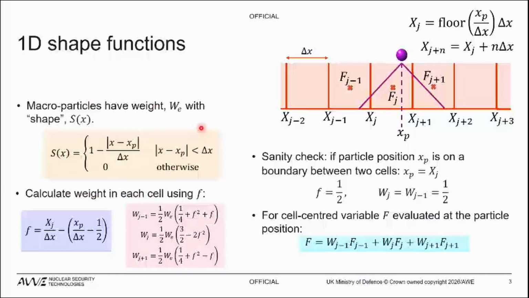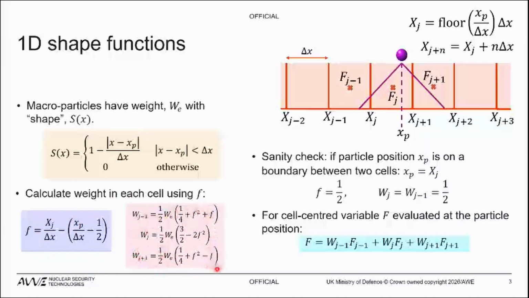So if we want to know how much weight is in each cell, which we'll need to know for things like the current motion, then we basically just find the area of this shape that falls into each of these cells here, which has a fraction somewhat of this form. Using a fraction of this form, we get the weights in the cells.